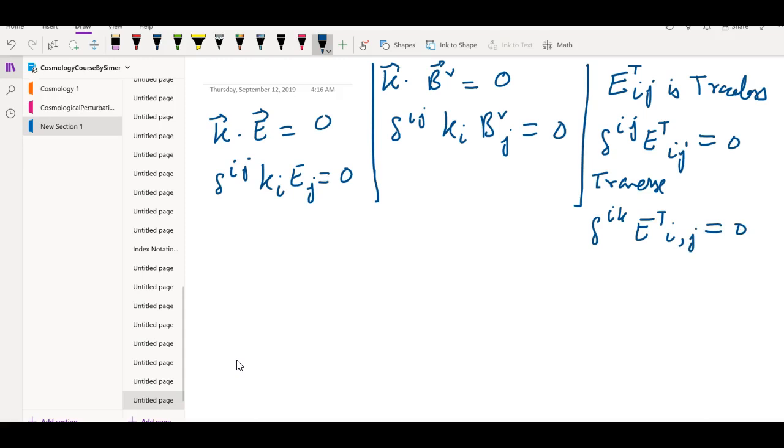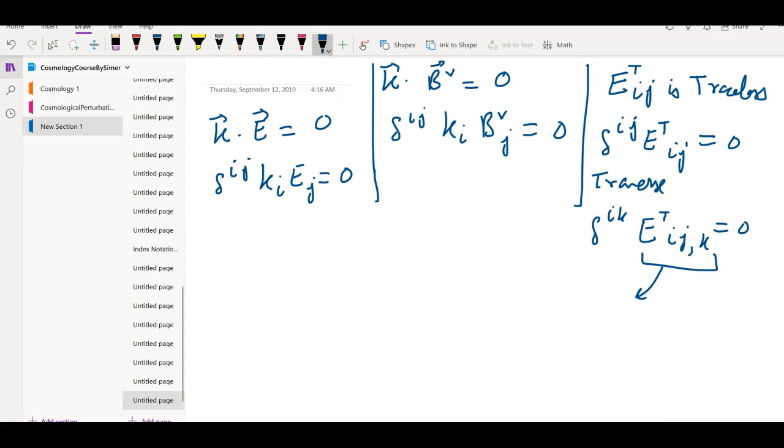When you are taking the derivative, that means you are bringing... Did I make a mistake? I think this would be E^T_ij comma k is equal to 0. And what is this E^T_ij comma k?